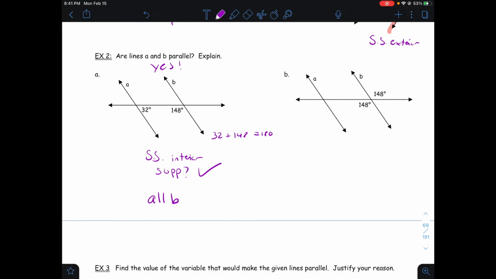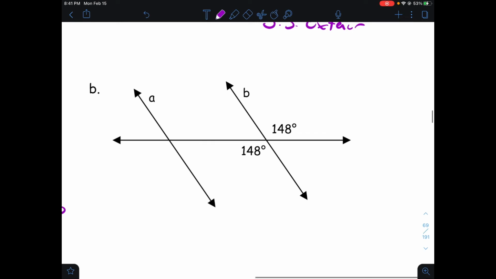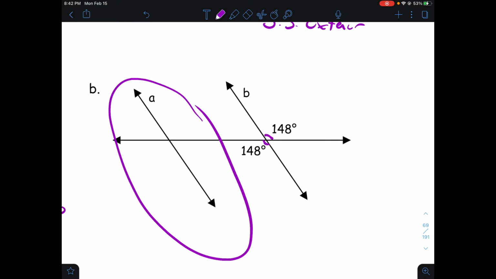So now let's go ahead and look at B here. Now this is an interesting one, right? We do have vertical angles, which is great. But if you notice, we have absolutely no information on A, right? We know we obviously have vertical angles here, but if you look at your note sheet, vertical angles, you can even look on your notes, I wrote does not need to be parallel. You don't need parallel lines to have vertical angles.